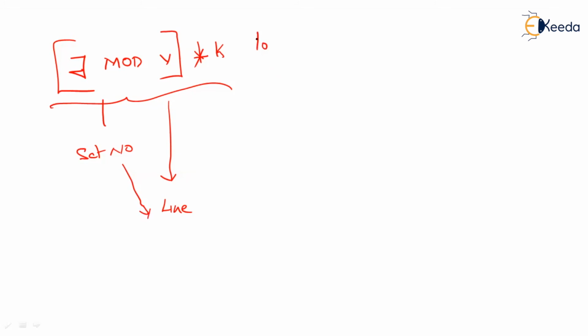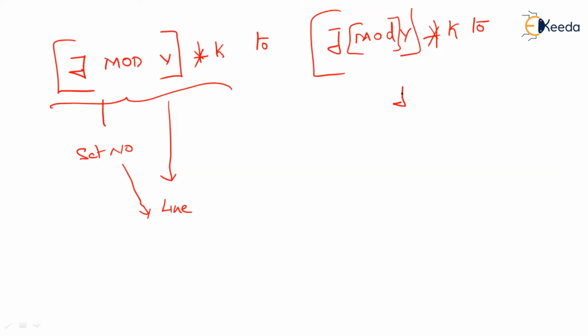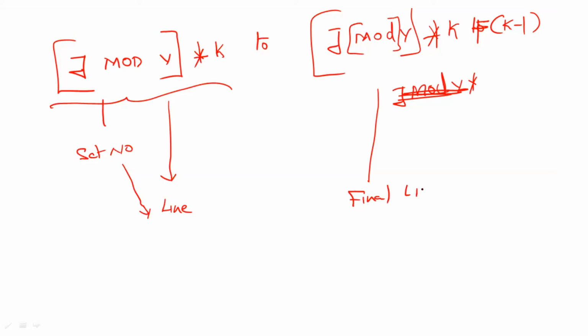And J mod V into K plus K minus 1 will give me the final line of the set.